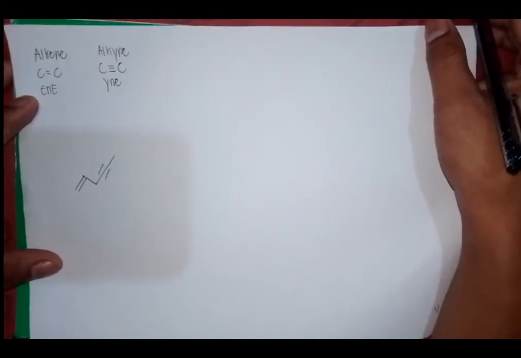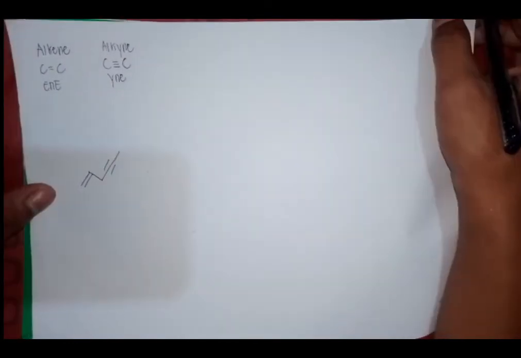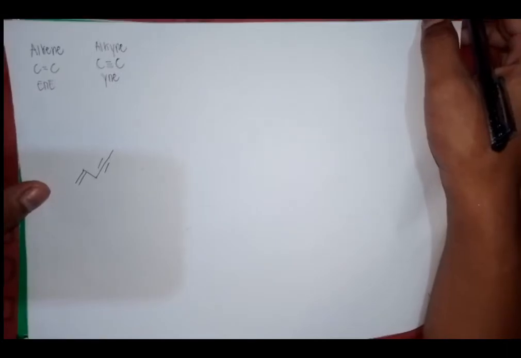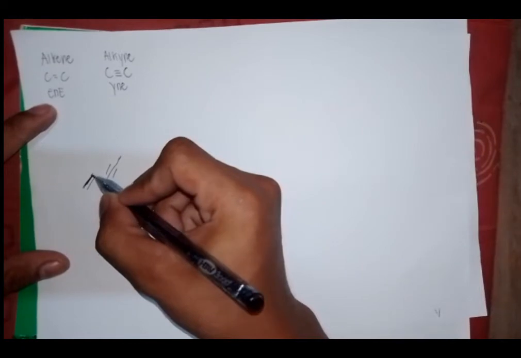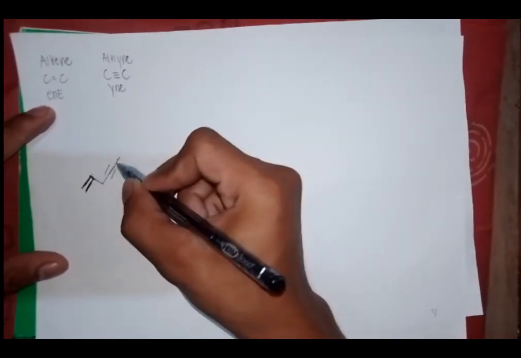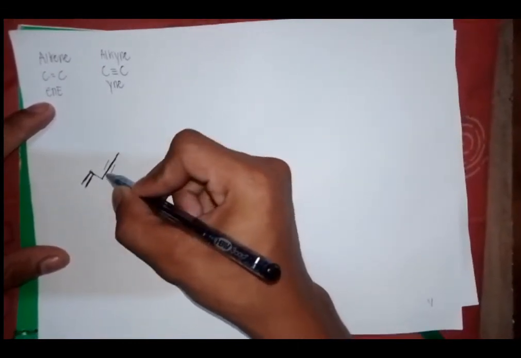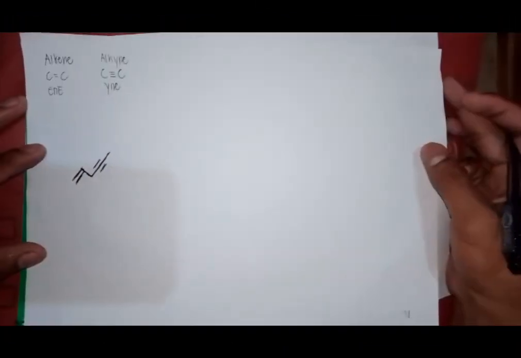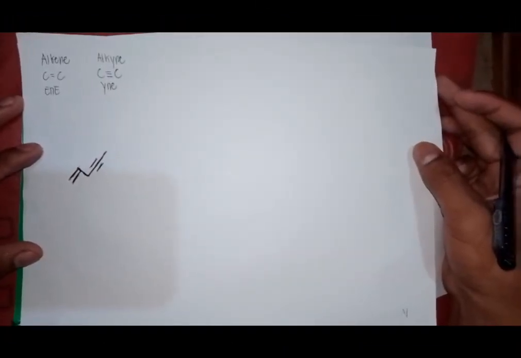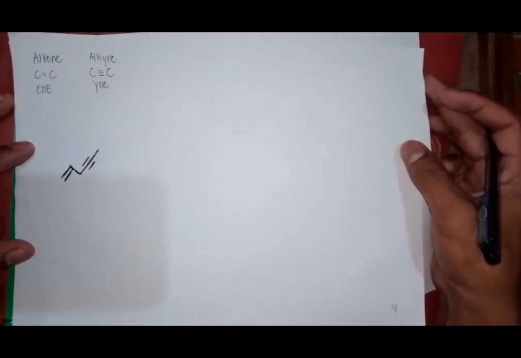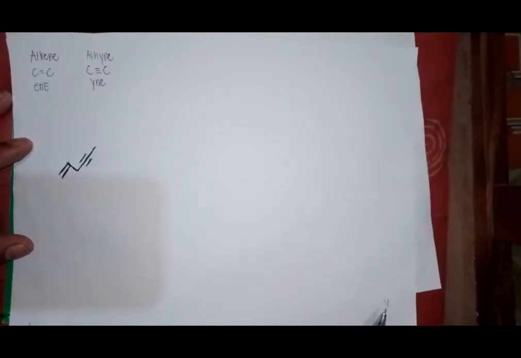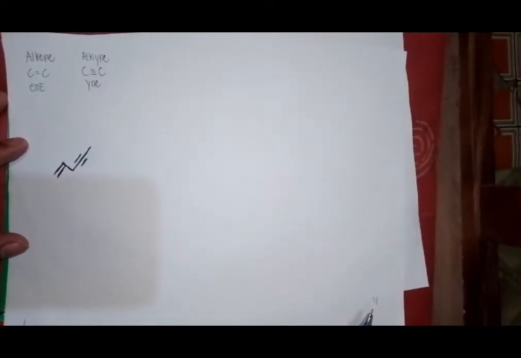Since I only have one long chain, I highlight my parent chain and then decide how to number. I have the option of numbering from the left, giving me a 1 for the double bond, or numbering from the right, giving me a 2 for the triple bond.